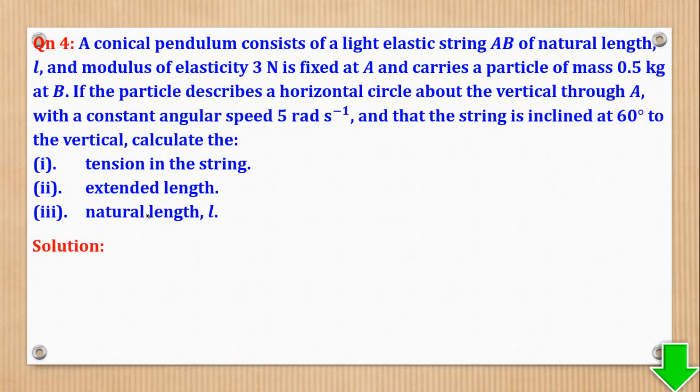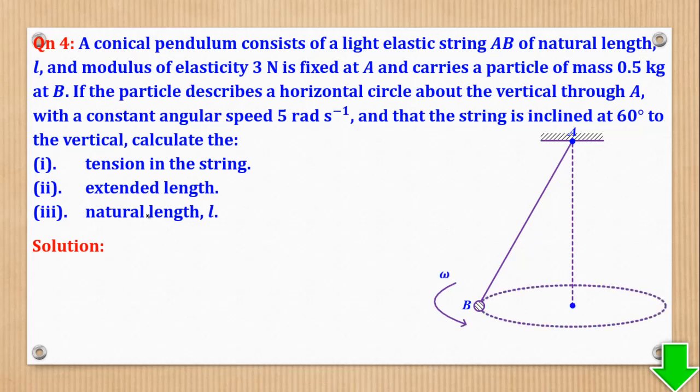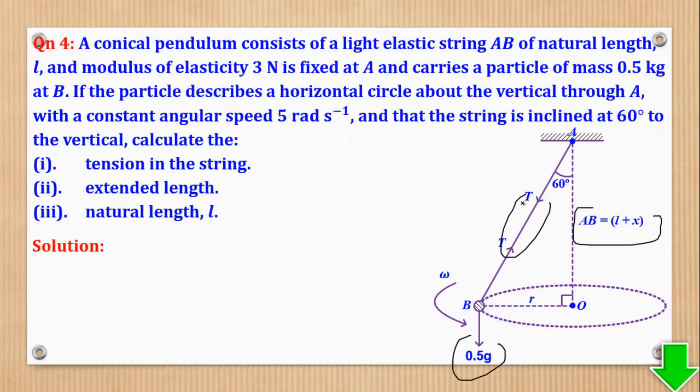So still we shall need to draw a conical pendulum, same as we have been drawing before. That would be the angular velocity, which is unknown, horizontal circle, radius r, inclination is 60 to the vertical, weight 0.5 g, tension, and AB, which is the extended length.